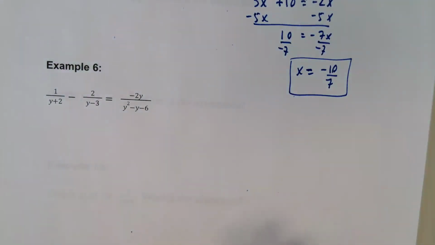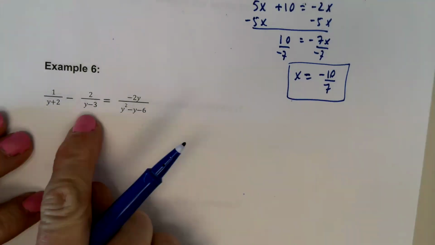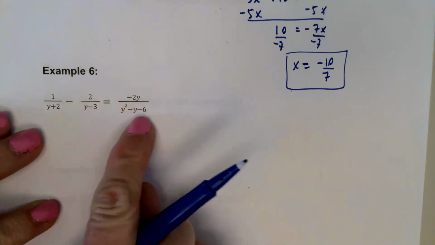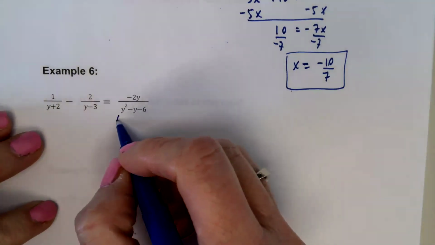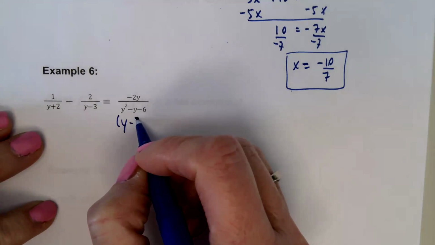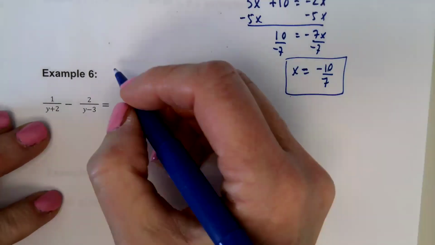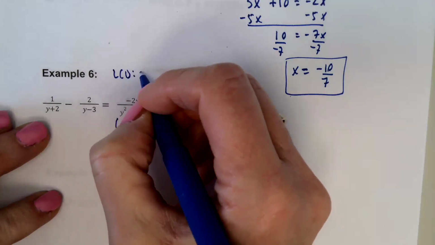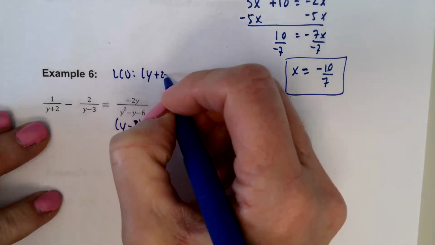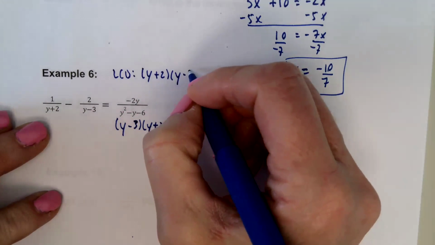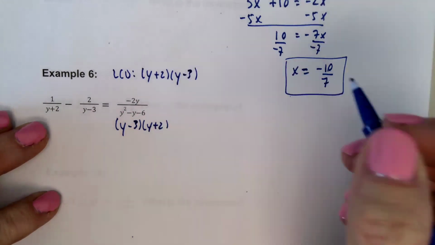Example 6 says we have, let's see, y plus 2, y minus 3, and then whatever this factors into, which appears to just be a y minus 3 and a y plus 2. So we already have them. So the LCD is y plus 2 times y minus 3.